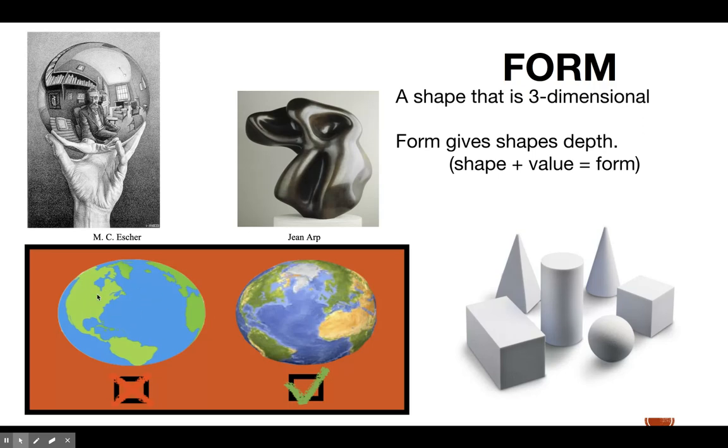So solid color over here is just a shape. But once we start adding different values, we start to get form. Another way to look at this is simple shapes turned into forms here by just adding a dark side and a light side. It simply gives us a two-dimensional form, three dimensions.